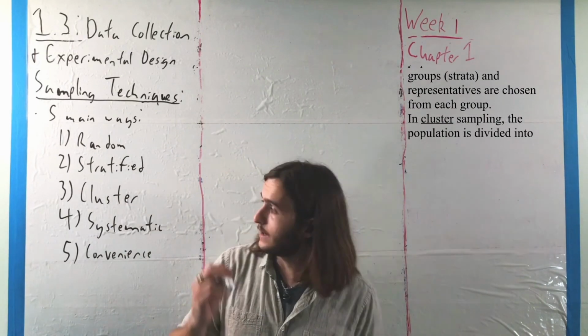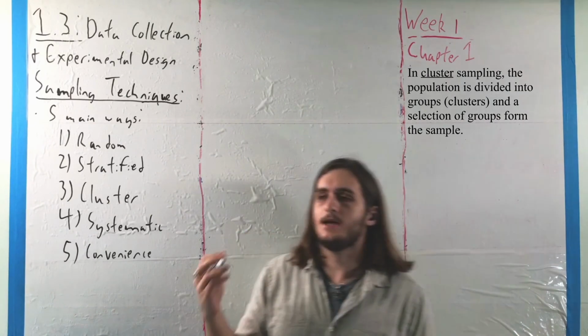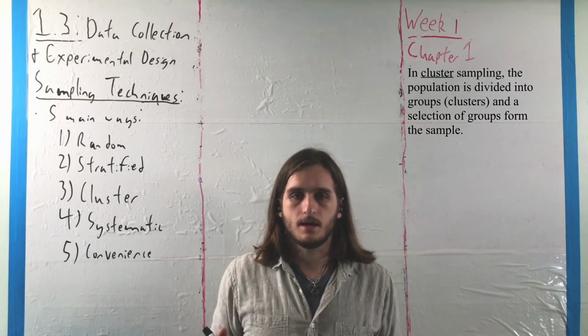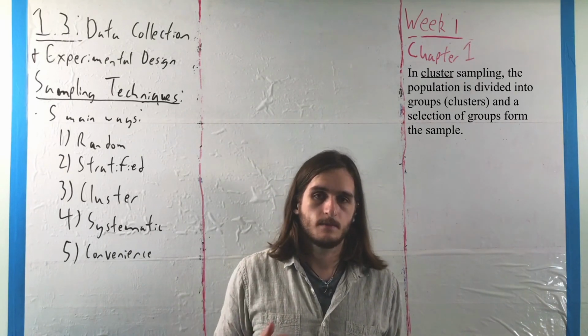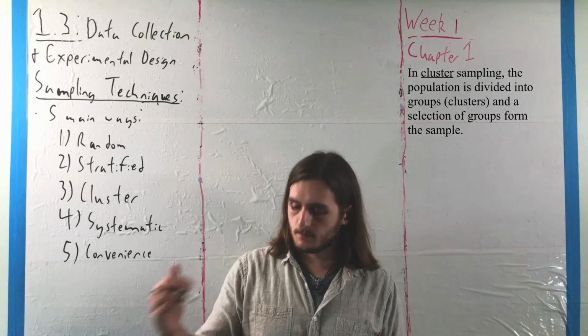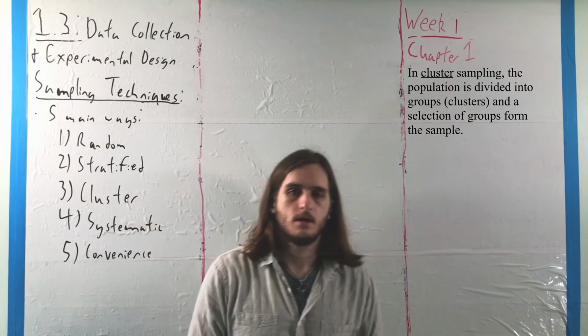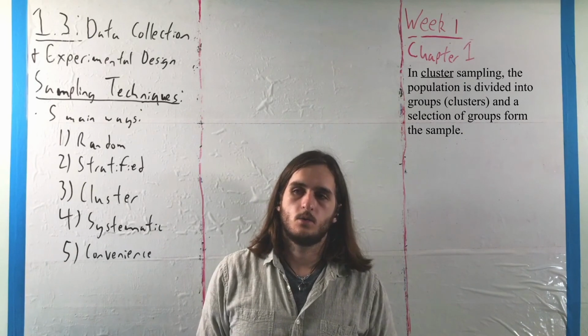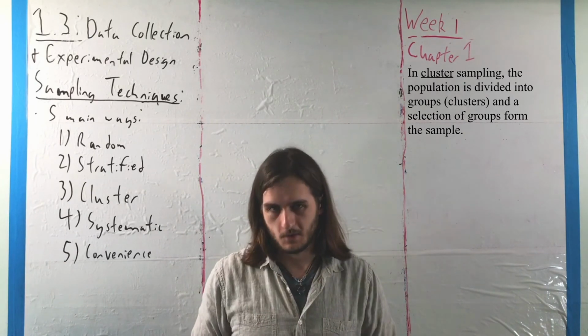Then, for a cluster sample, we're going to start in much the same way. We're going to take our group and we are going to break it down into categories. And instead of selecting from each category, we are going to select entire categories.